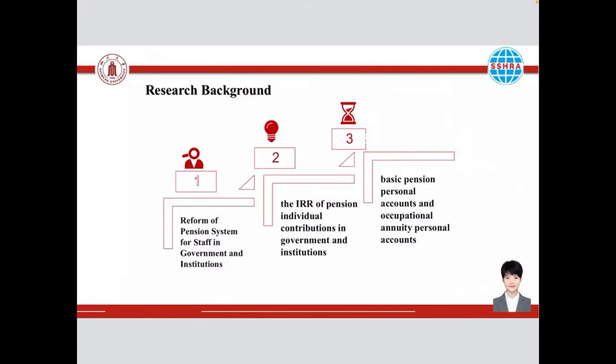In this reform, employees of government and institutions began to need to pay pension premiums individually, and many workers are concerned about how much benefits they can get after paying individual premiums.